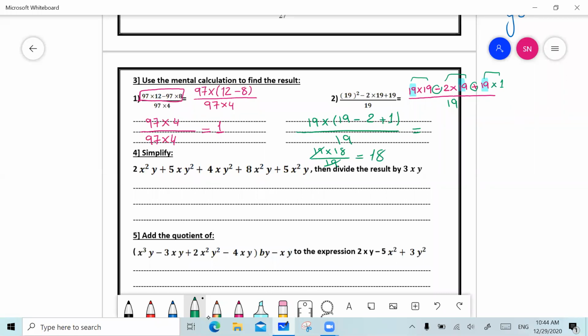Do you have any problem in this question? Malak, all what we do in question number 1 is that we are using the numerator and doing the distribution property.